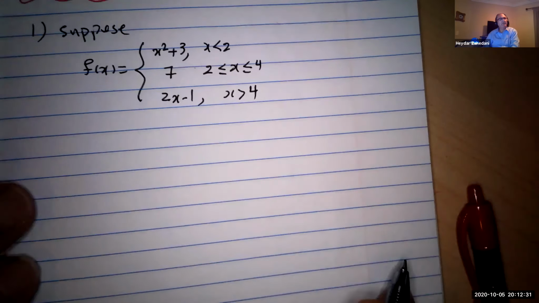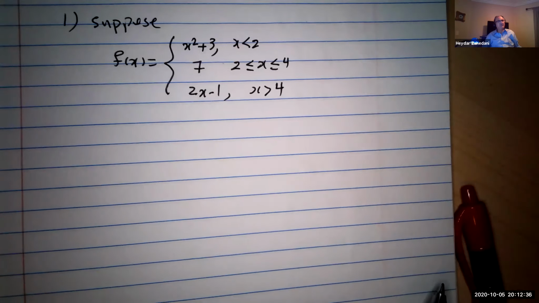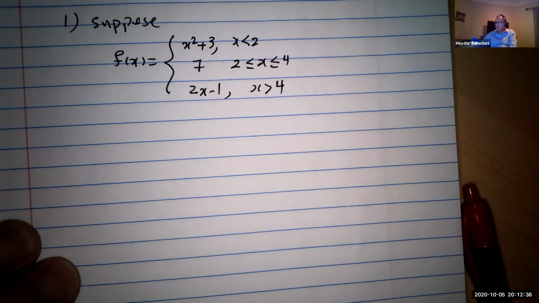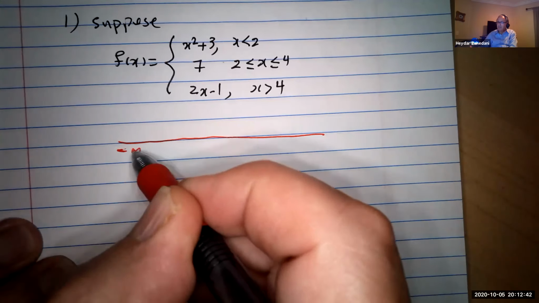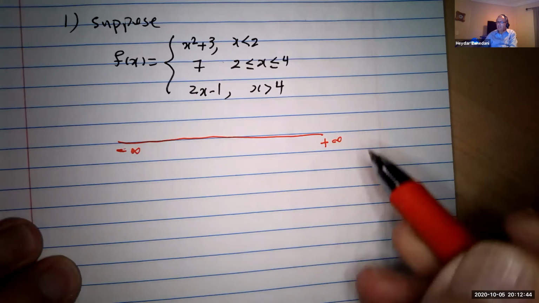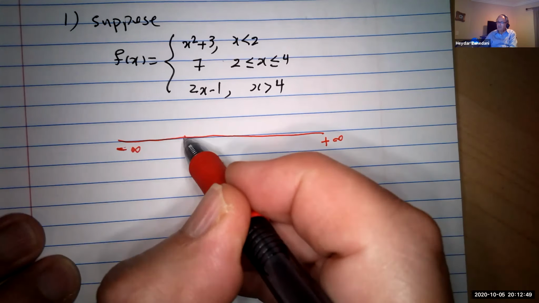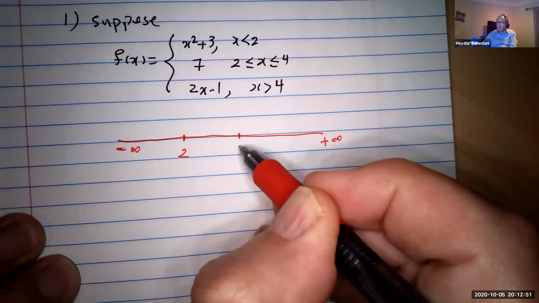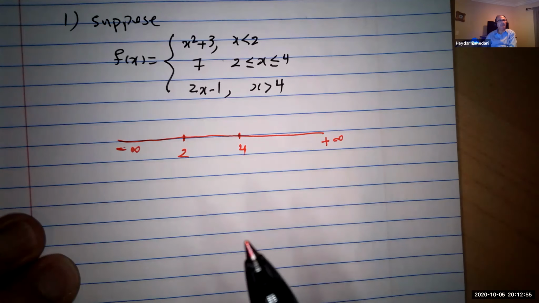You know that we partition the domain of the function. So you'd better partition it for yourself to make sure you understand it. This is your number line. You partition it at 2 points: x is less than 2, this is 2, and this is 4. You may have 2 partitions or 3; in this case, we have 3.